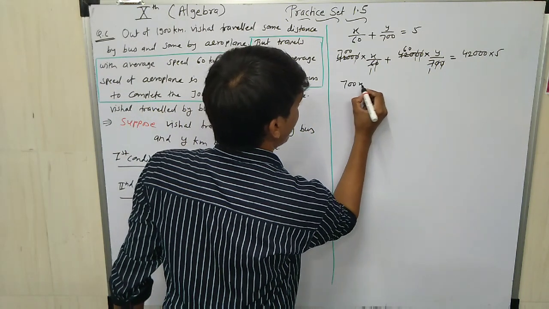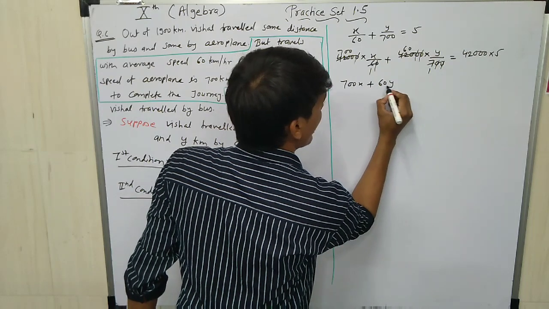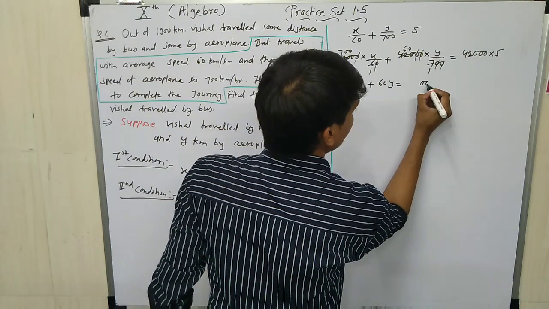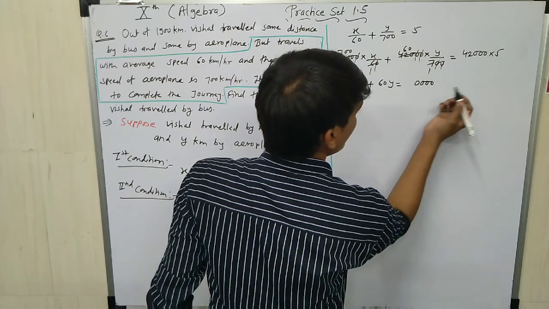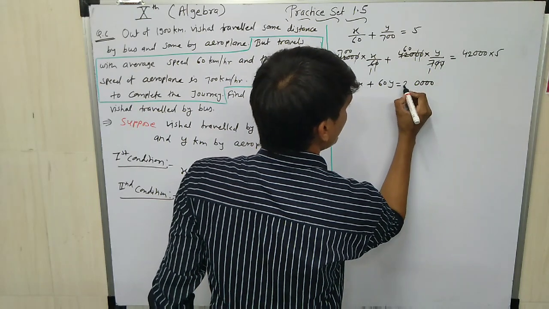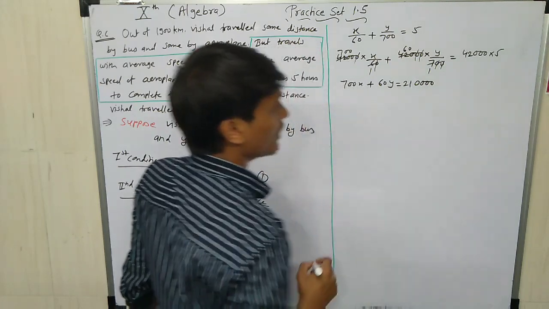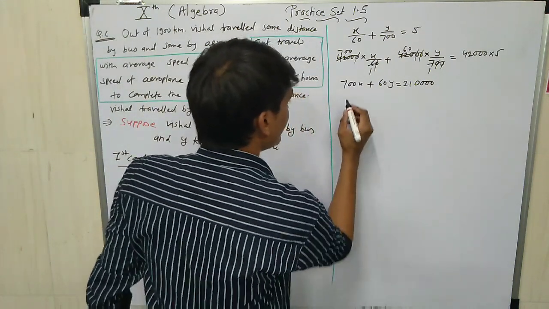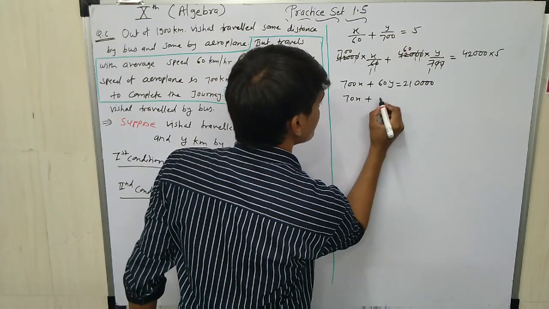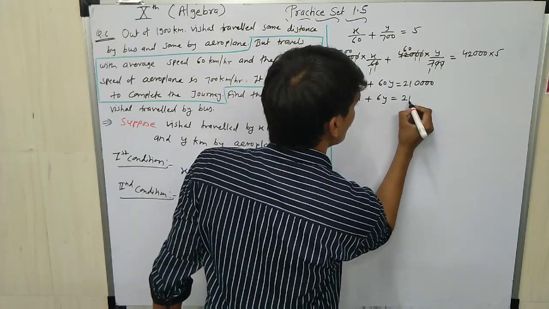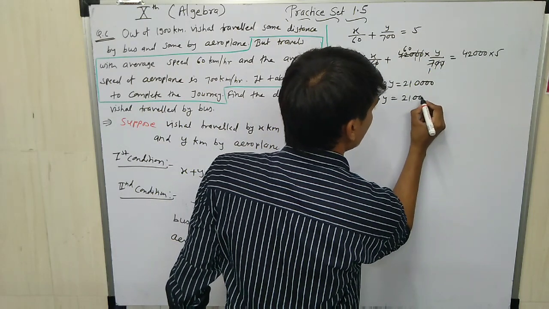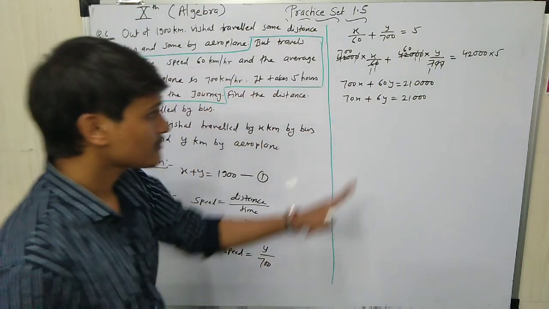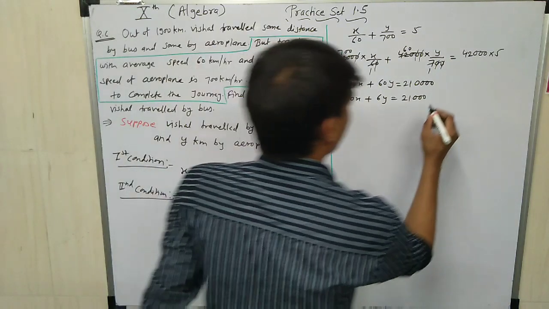There is 700x plus 60y is equal to, there is 30, 5 2s are 10, 5 4s are 20 plus 1 is 21. Got it? Now 10 will divide: 70x plus 6y is equal to 21. There is only 30. Got it? This is equation number 2.